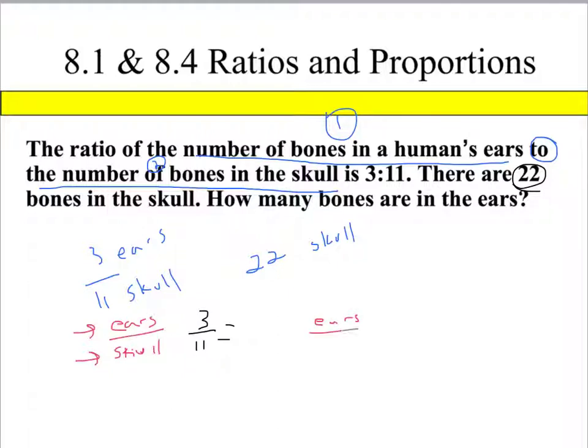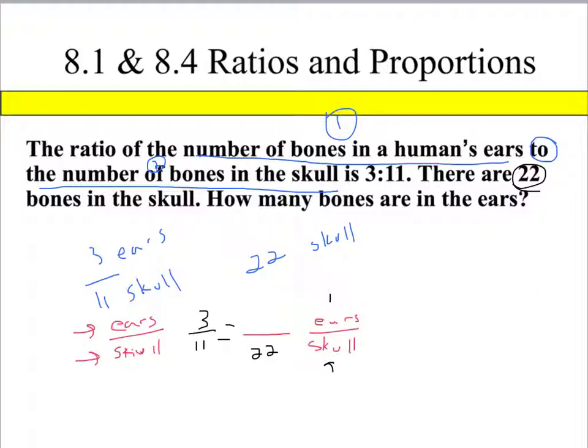Has to be ears over skull, the number of bones in a human's ears over the number of bones in a human skull. So it says we know that there are 22 bones in the skull. Well, we need to figure out where I put that. Well, ears is on top, skull is on bottom, so skull goes down here.